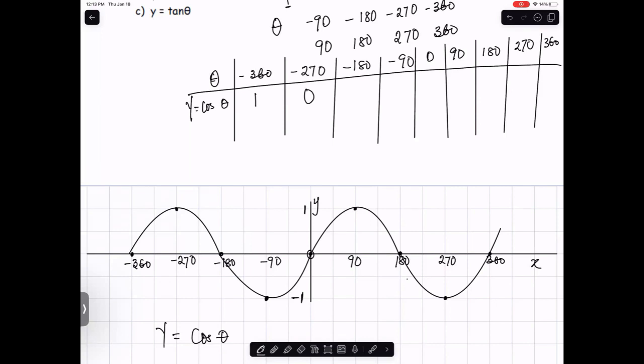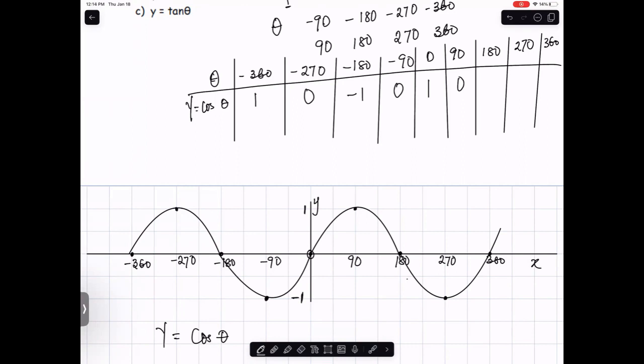We have cos negative 180, which gives negative 1. Then we have cos negative 90, which is 0. We also have cos 0, which gives 1. We have cos 90, which also gives us 0.